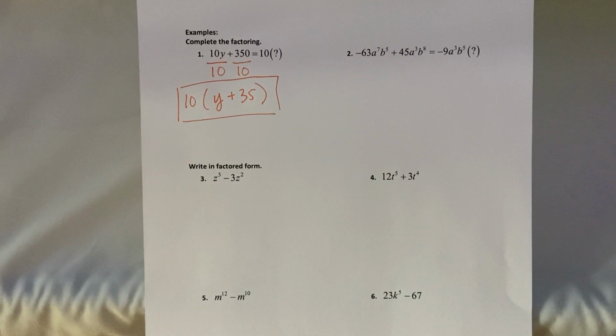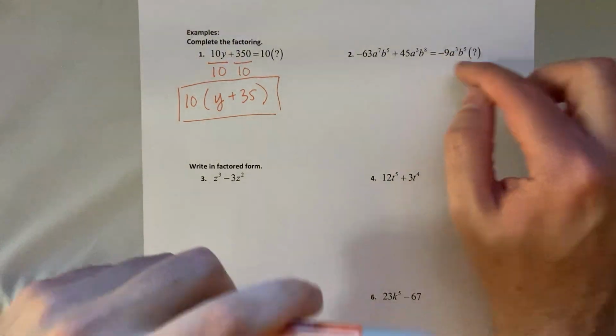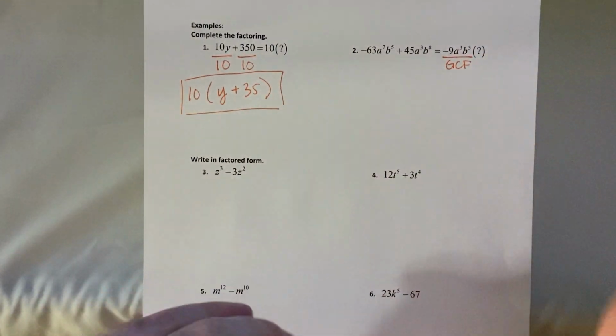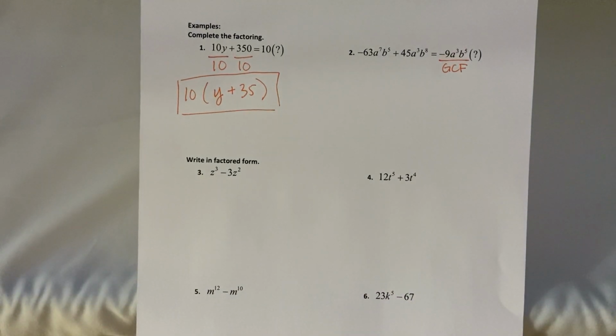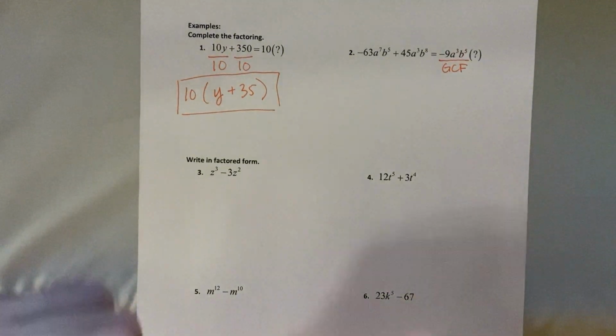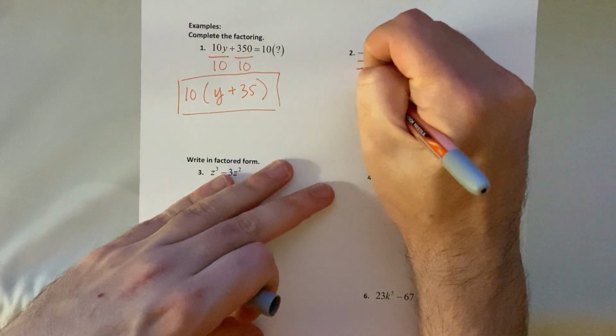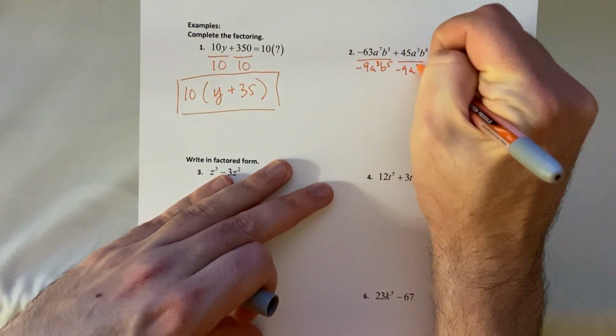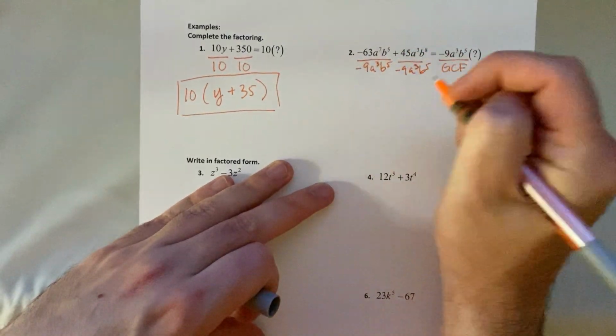Okay, so now we've got negative 63a to the 7th b to the 5th, plus 45a cubed b to the 8th, equals negative 9a cubed b to the 5th times something. So this is our greatest common factor. And usually, if the leading term is negative, they take the negative with it. So I need to divide both of these by negative 9a cubed b to the 5th and see what's left.